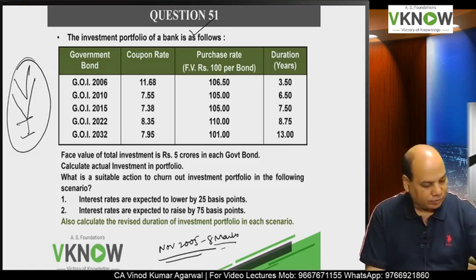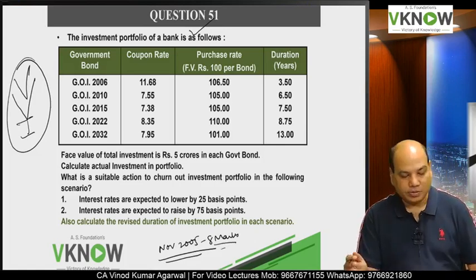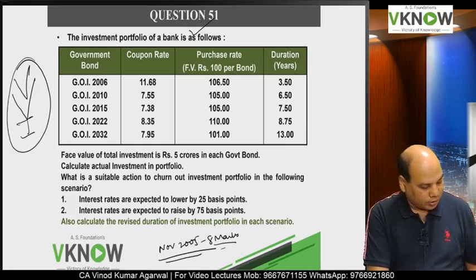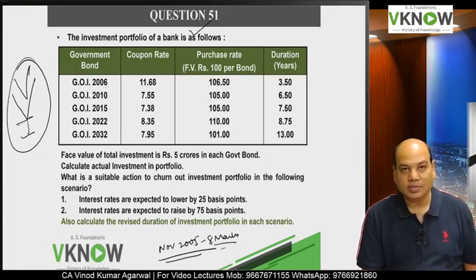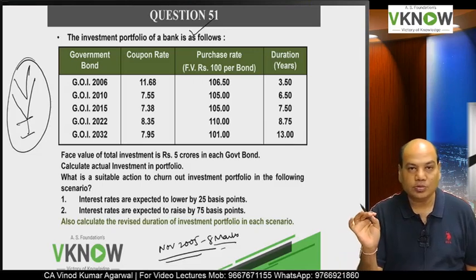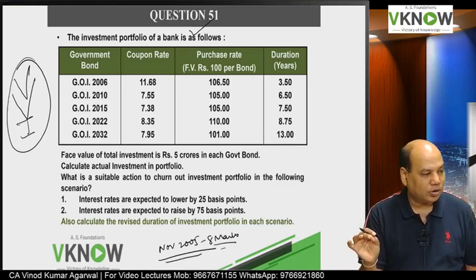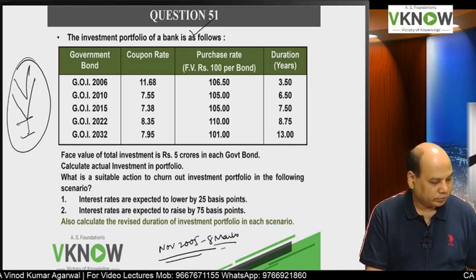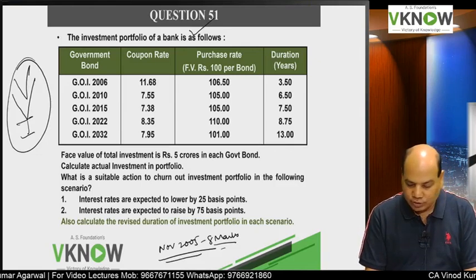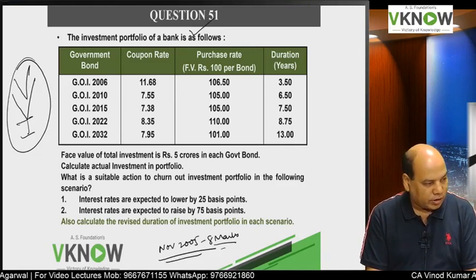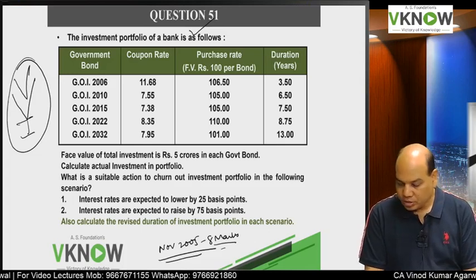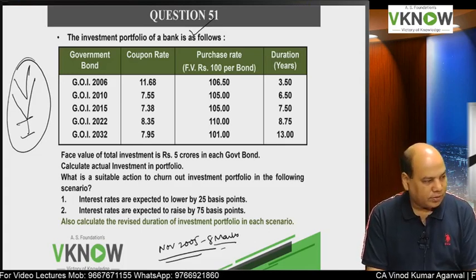If you see, questions 50 plus 51 are both from the November 2005 exam for 8 marks each, which means in November 2005 there was a weightage of 16 marks on this topic. So very good, Roshni, you can keep replying. So come to question number 51.